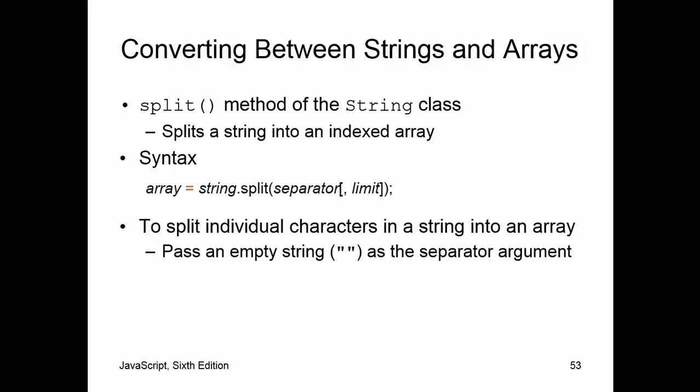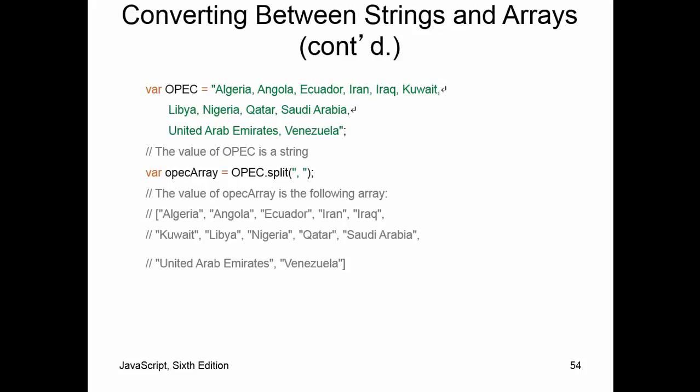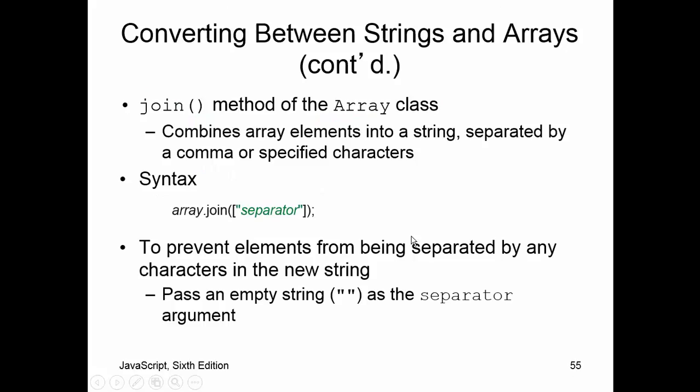If we'd run the split method on it, it would create an array with 5 elements, those 5 names. Here's an example. So you're converting a single string into an array with multiple elements.